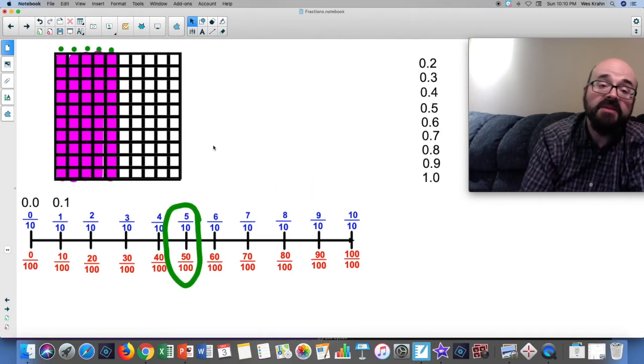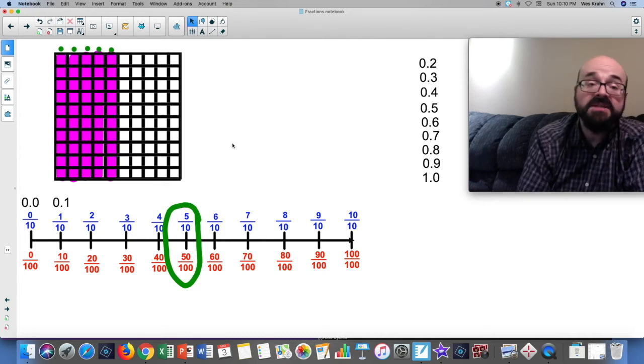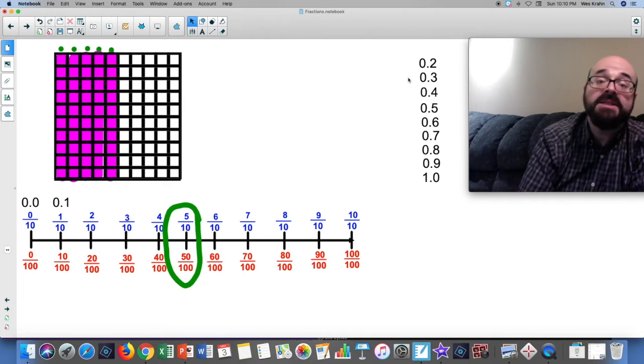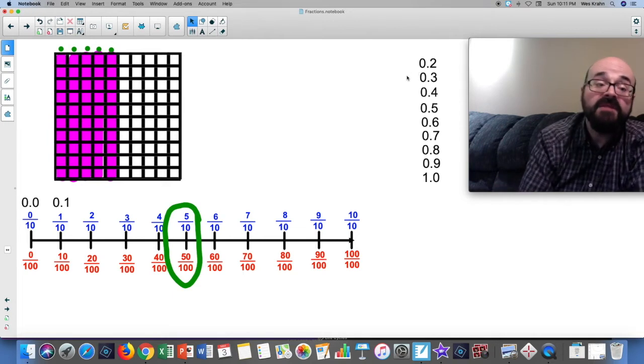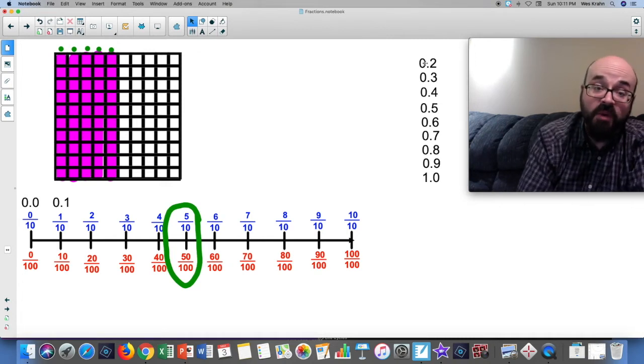The place value that is to the right of the decimal is just our tenths place value. And all we know is that decimals are smaller than 1 and greater than 0. And I'm just going to quickly fill in the rest of these tenths. This is something that we've covered in a previous video. I'll put a link in the description below.